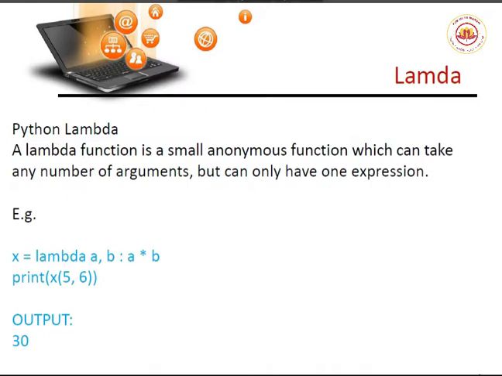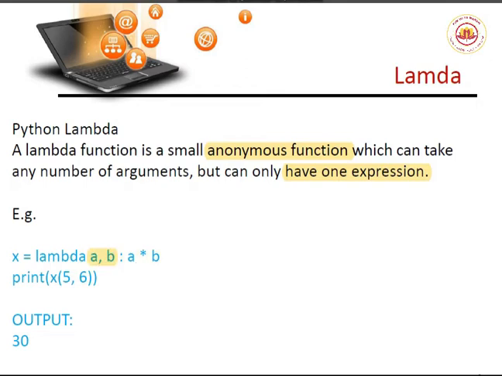Next is lambda. A lambda is nothing but a small anonymous function which can take any number of arguments but can only have one expression. Here is the example. The expression is a into b, and the arguments are a comma b.